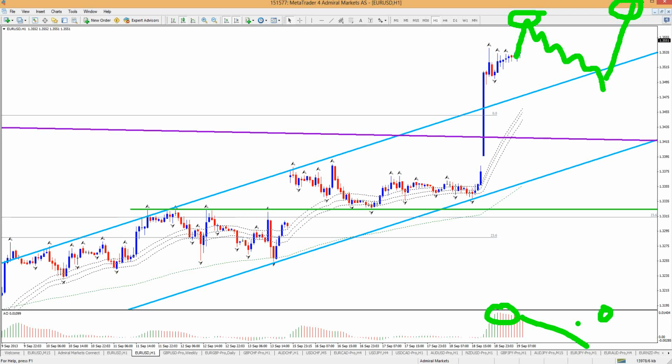Once you have that, then you can wait for a lower high on the 1-hour chart, and then you have probably the first moment that it could be a turnaround.